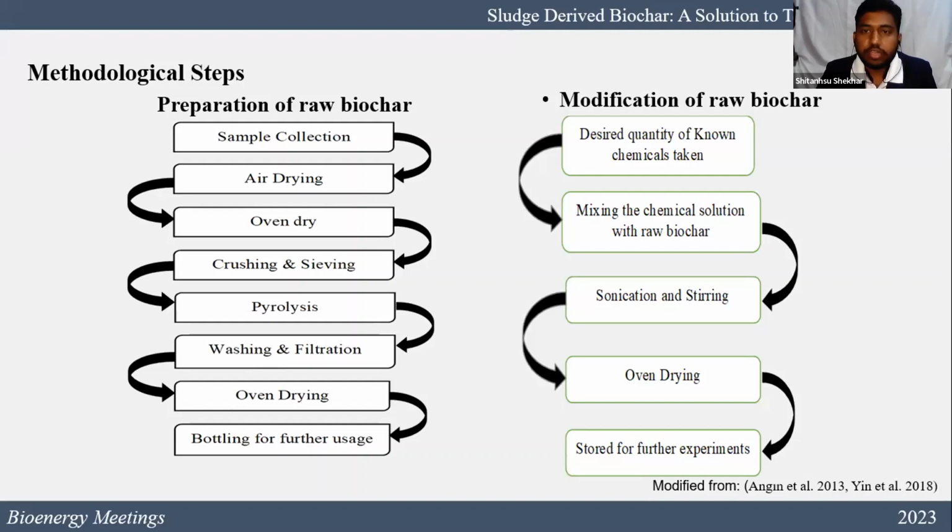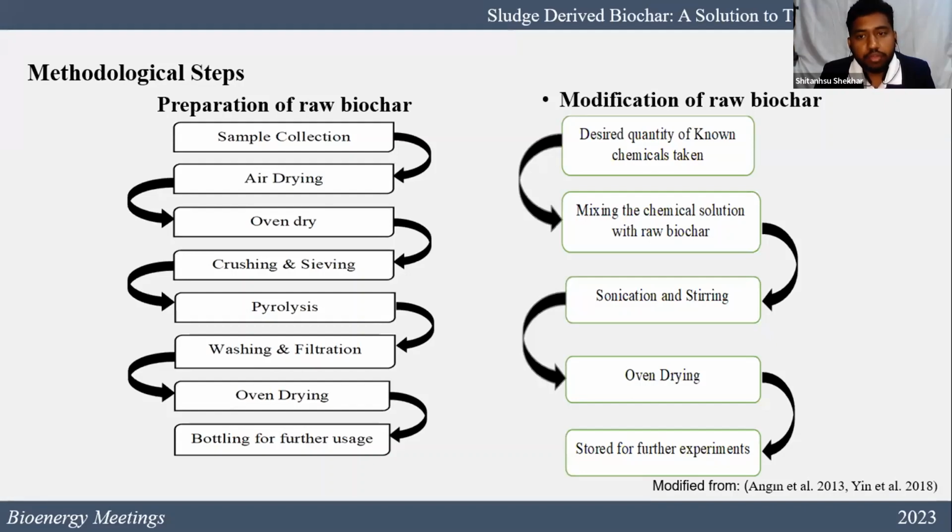The desired quantity of that chemical should be taken and mixed with the raw biochar, then sonication and stirring, then oven drying, and then stored for further experiments. In some cases, as in different researches, if we add a magnetic effect, ferrous ferric chloride is used.